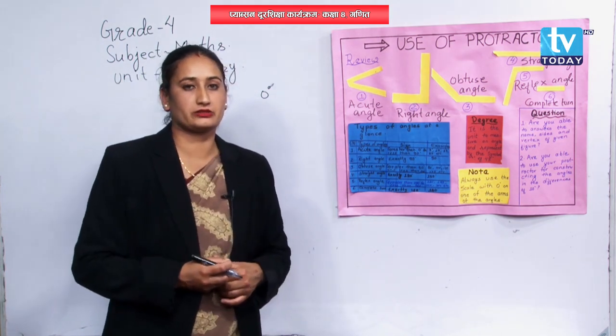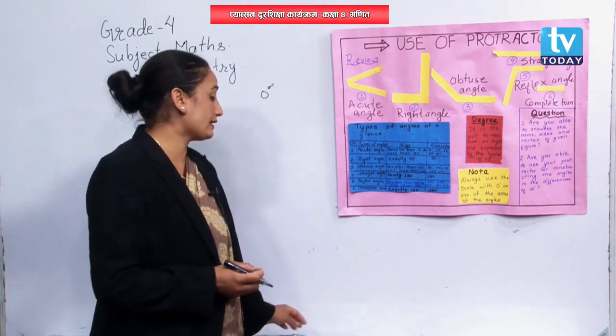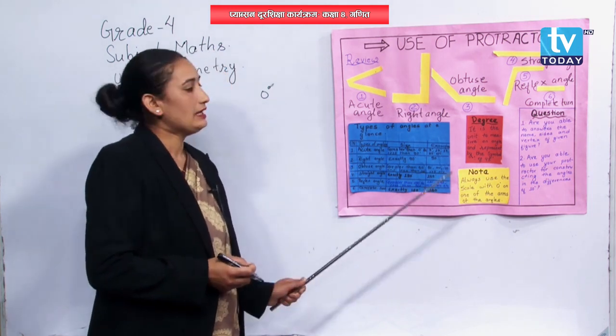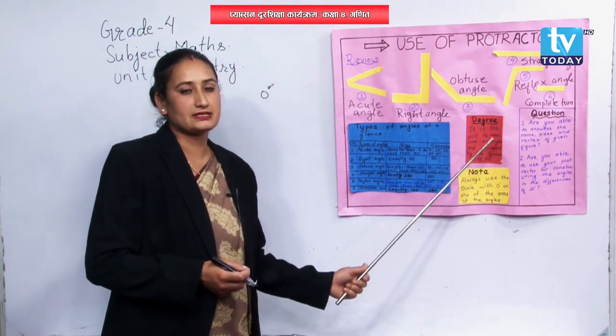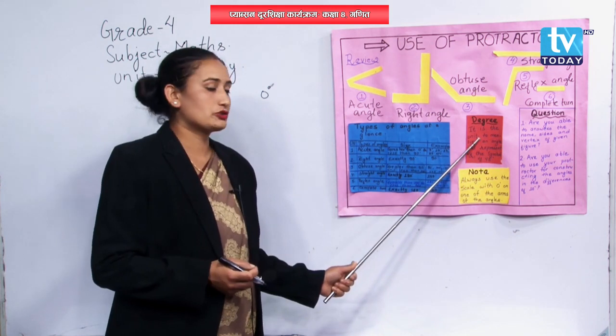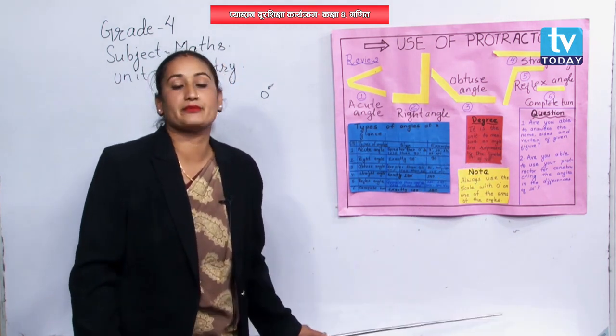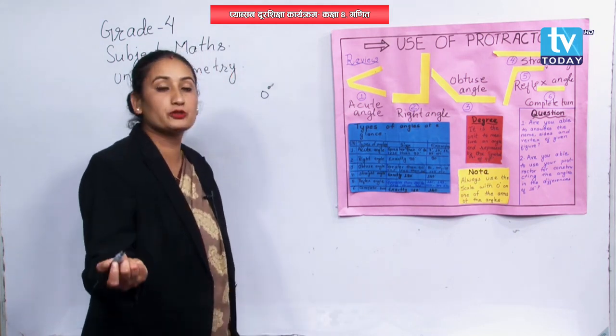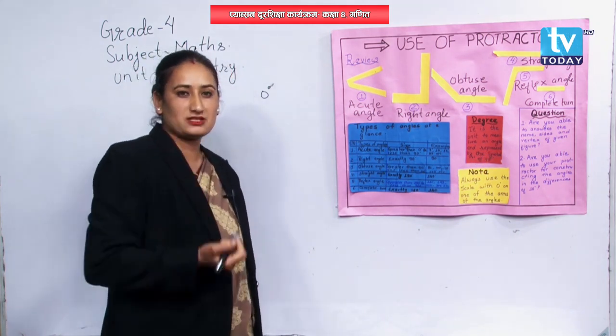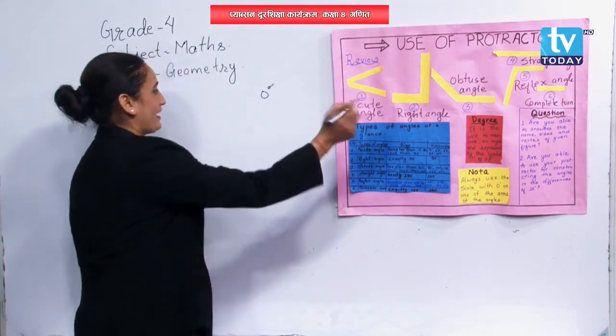I think you understood it very well. So again listen to me carefully. Degree is the unit to measure angles and is represented by the dot. Where to put the dot? Not in your notes, right?